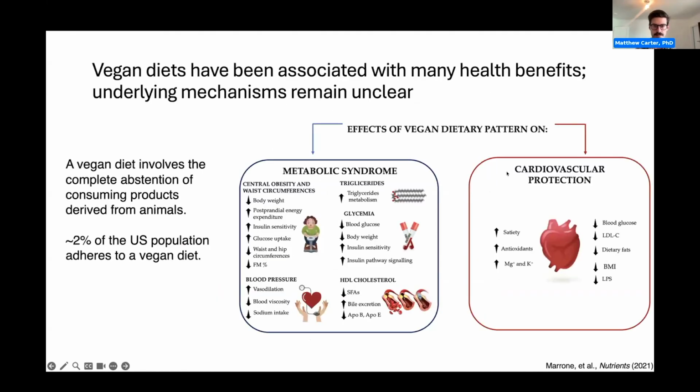Some background on why we're interested in the vegan diet in particular is in part because it is increasing in popularity, and there's a lot of interest in understanding potential health effects of the vegan diet, which of course involves the complete abstention of consuming products derived from animals.